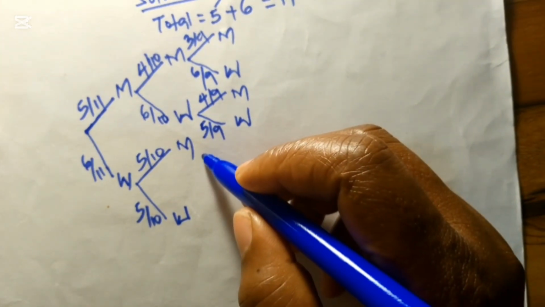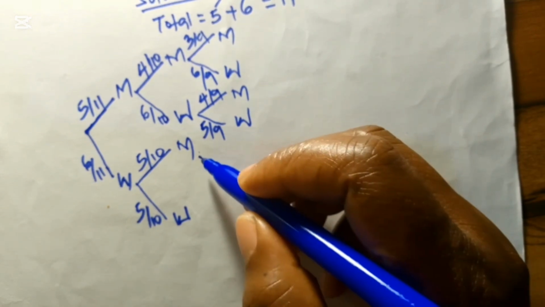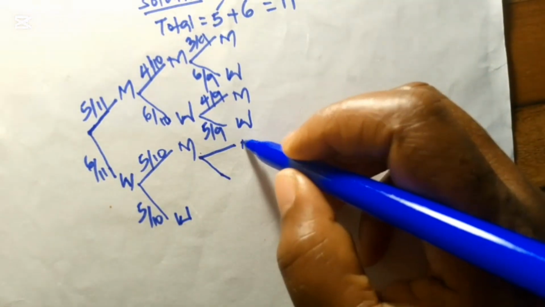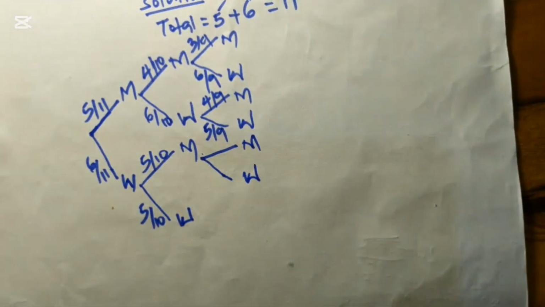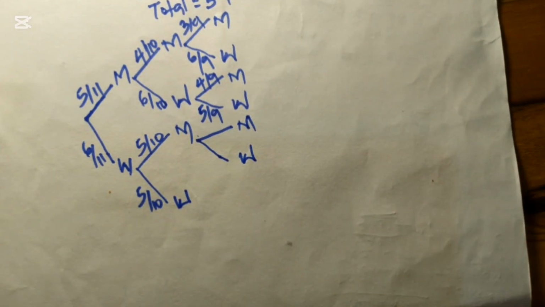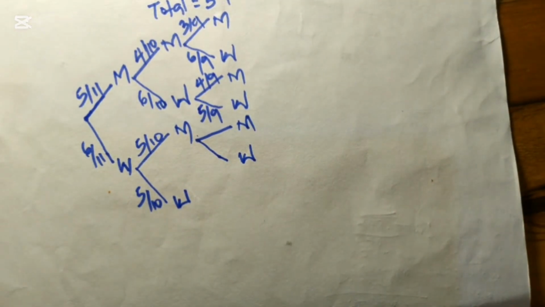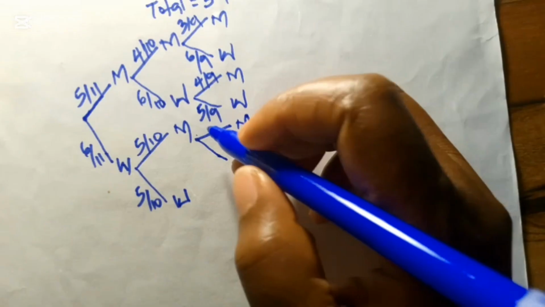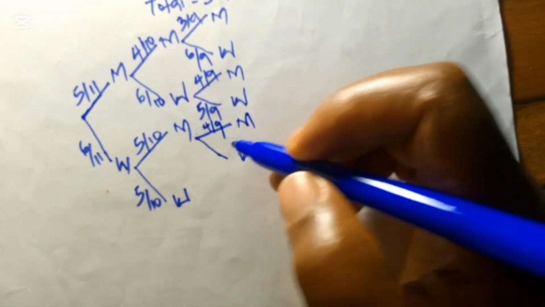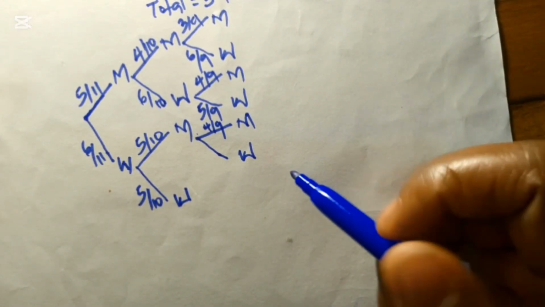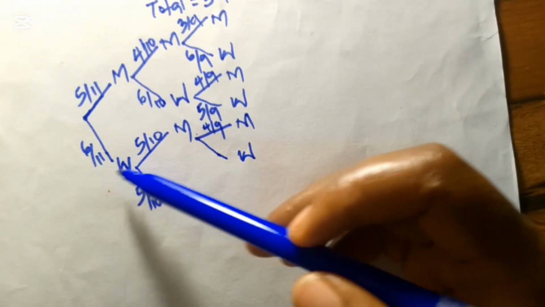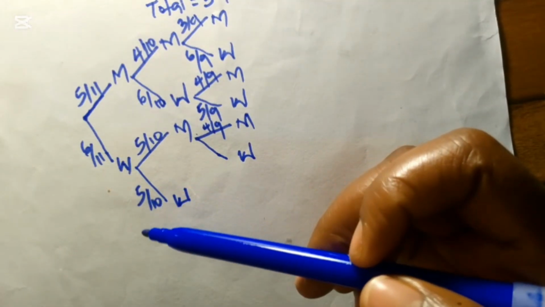Then we move to this other case here, whereby we are going to pick a man or a woman, sorry. Then a man is picked and the men were 5 before. The men were 5, so we'll remain with 4 out of 9. And then no woman is picked. The women were 6. Remember, in this case, women are still 6.